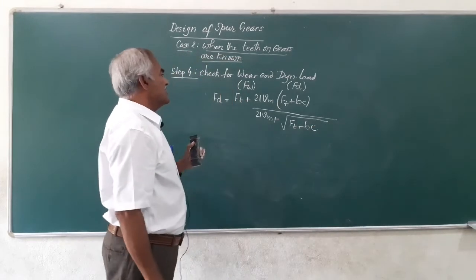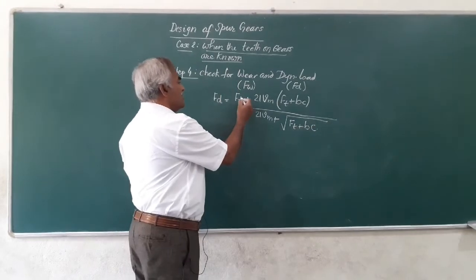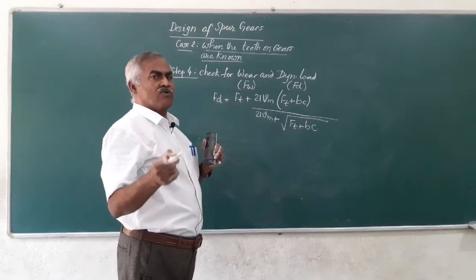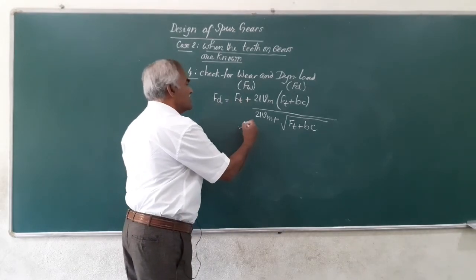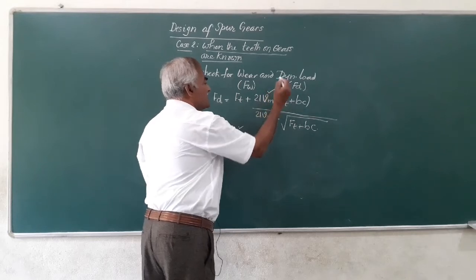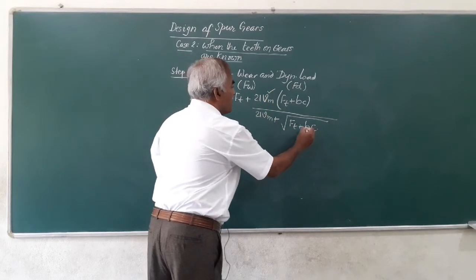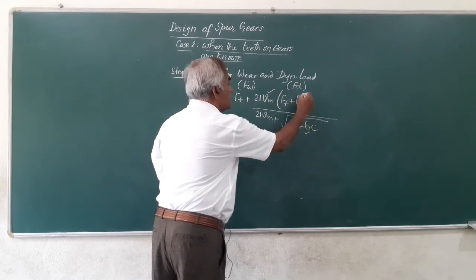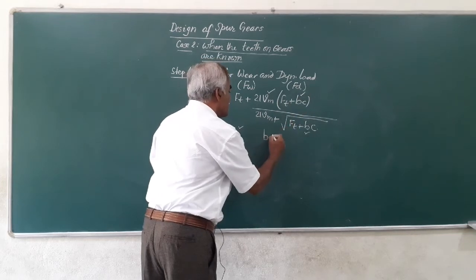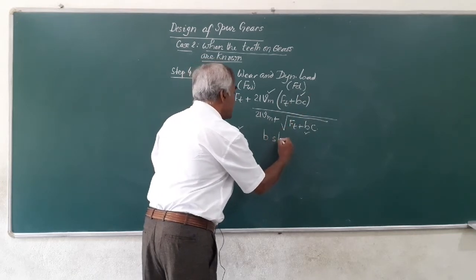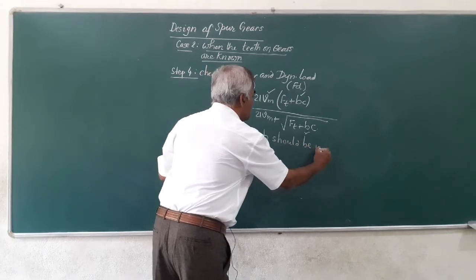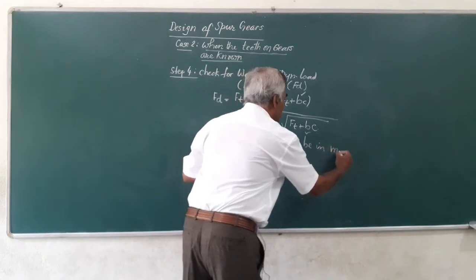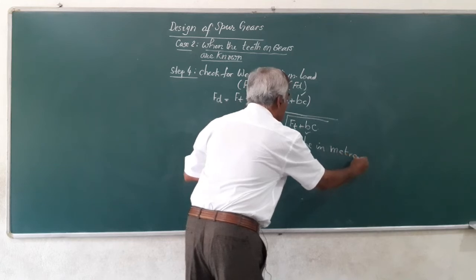Friends, here in this Ft, in the beginning you had it in terms of module, we know the module, so Ft is known to us, velocity is known to us, then the value of B, the face width, in this formula B should be in meters.